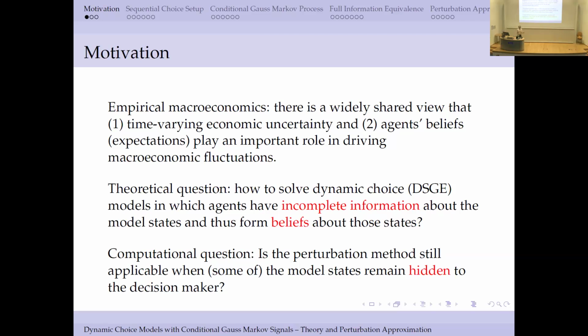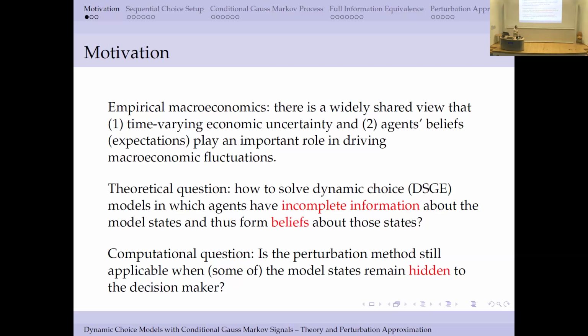So macroeconomists have now long been interested in first writing down and then solving models in which agents have incomplete information over the model states and therefore have to form beliefs about those states when solving the model. So this, of course, raises the first theoretical question. How do we actually do that, right? What are really the mechanisms by which we can solve a dynamic choice model in which an agent has incomplete information? That's going to be our first theoretical question.